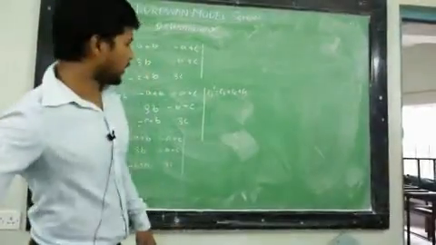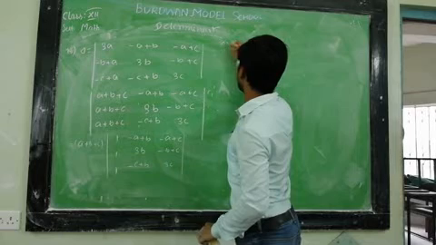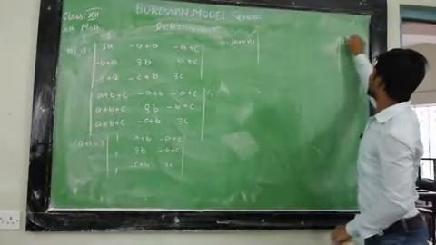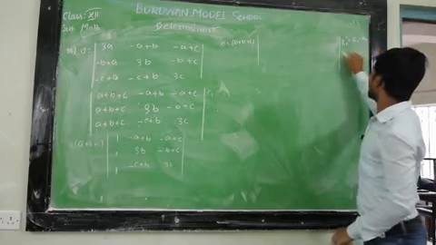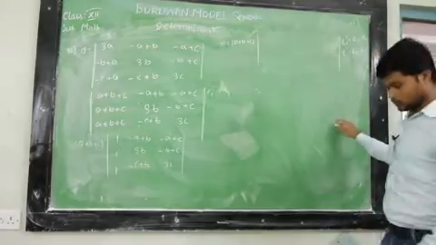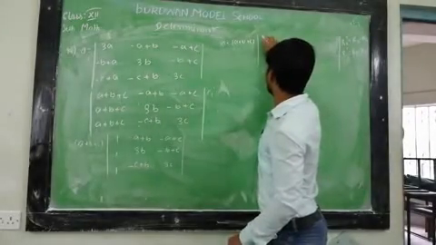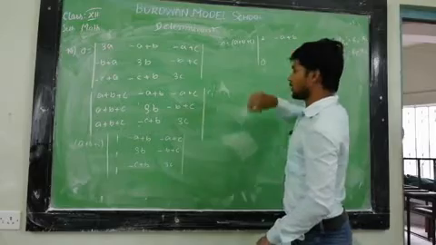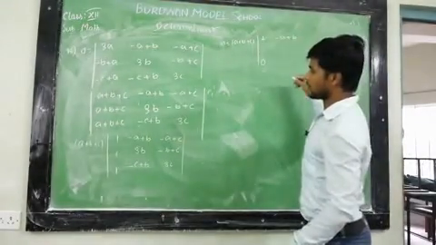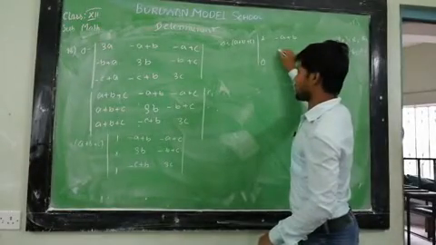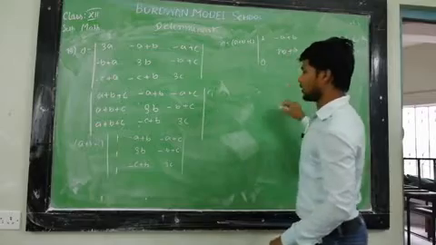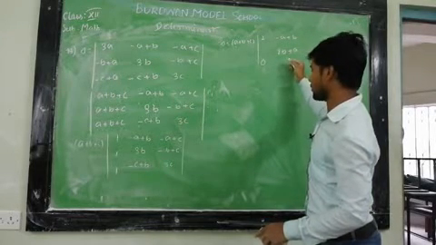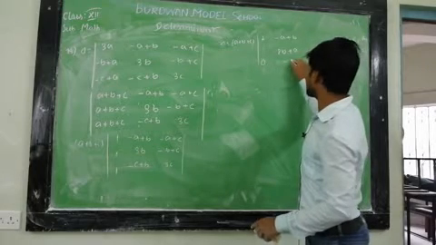Now, if we apply the operation R2 becomes R2 minus R1 and R3 becomes R3 minus R1, we have 1, 0, 0; minus of a plus b; this will be 3b minus of a minus b, which means 2b plus a; and this will be minus c plus b minus of a plus b, which means a minus c.